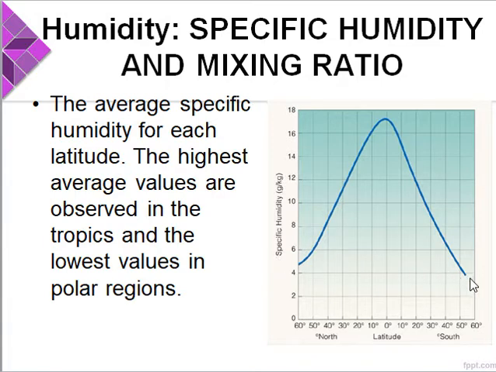Although the major deserts of the world are located near latitudes 30 degrees, this figure shows that at this latitude, the average air contains nearly twice the water vapor as does the air at latitude of 90 degrees north.